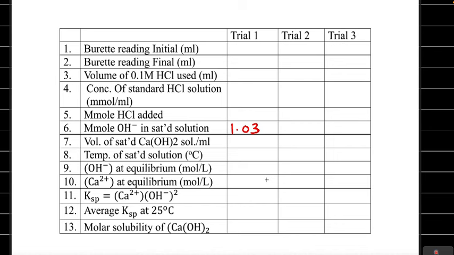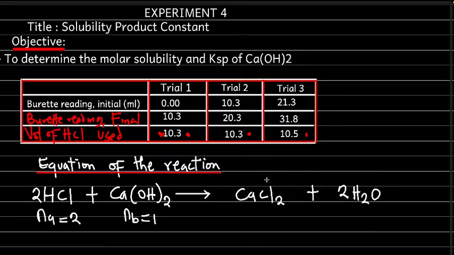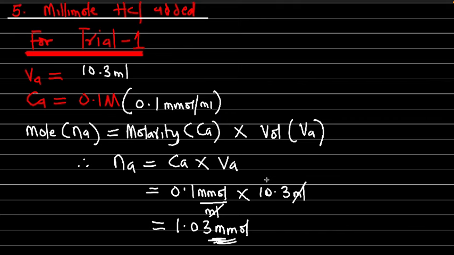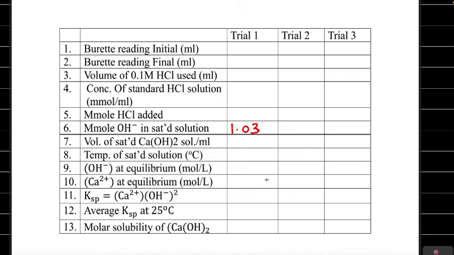Now, I'm not going to solve for trial 2 or trial 3, but we are going to do the same thing as for trial 1. For trial 2, let's fill this part in. This is 0, this is 10.3, this is 10.3, this is 20.3, this is 10.3.